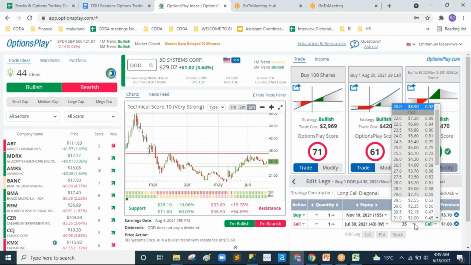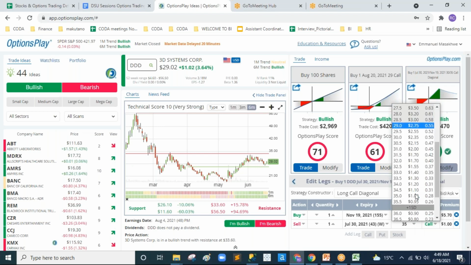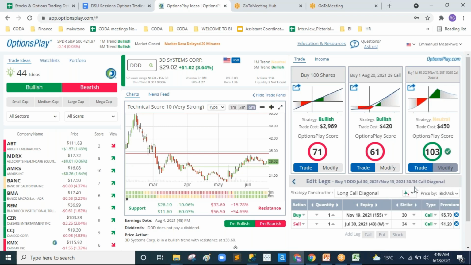You need to get another strike price, like a lower, I mean, higher. So if we go, that is 35. 34, but there would still be a problem.